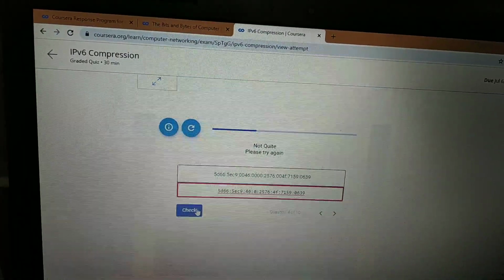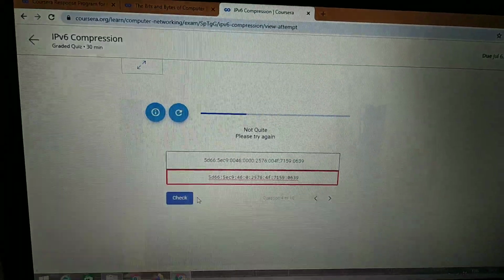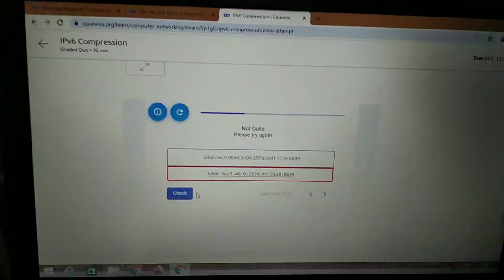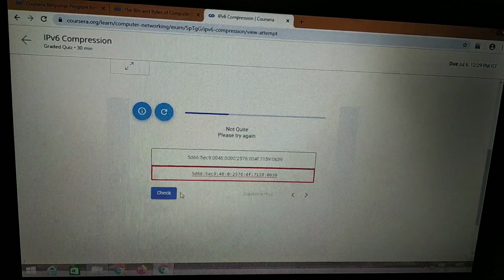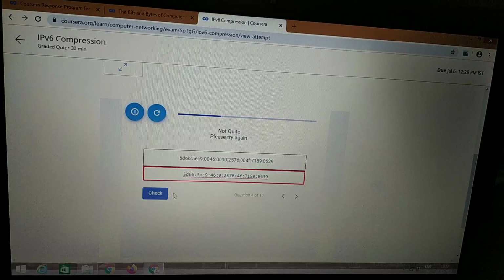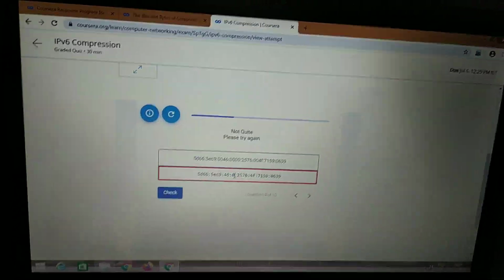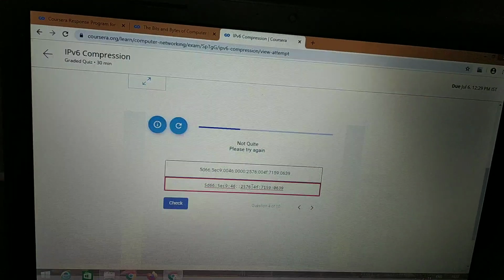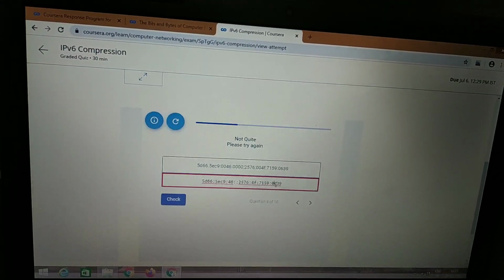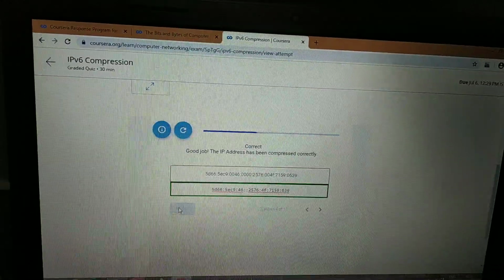Now once you check it, 56C9 46 2576 4F 7159 606. So sorry, I have given here 0. We should eliminate 0, right? If we have 1 or more zeros, we have to remove those zeros, eliminate them before the numbers, right?